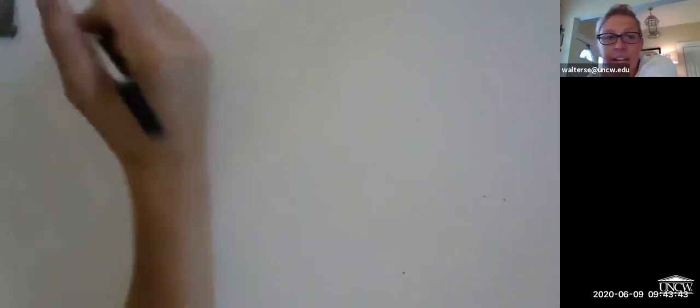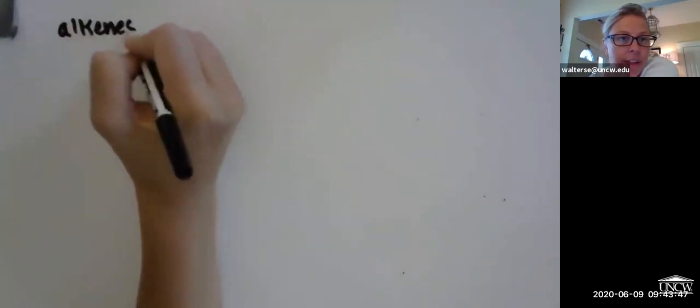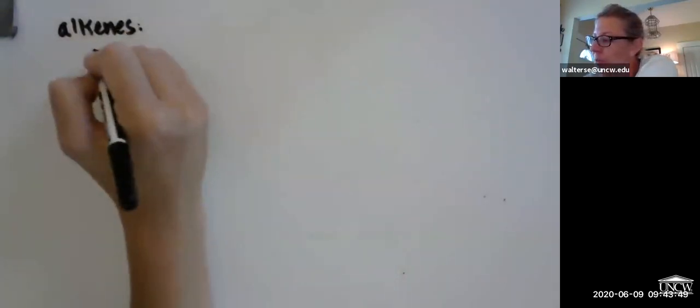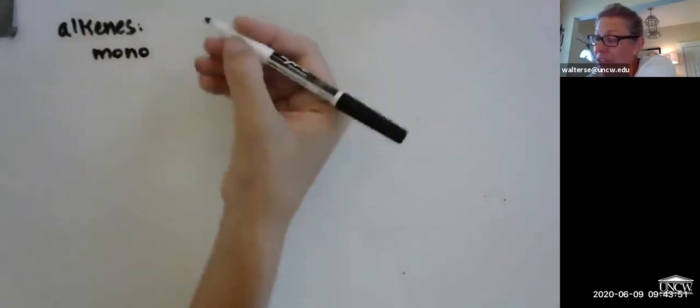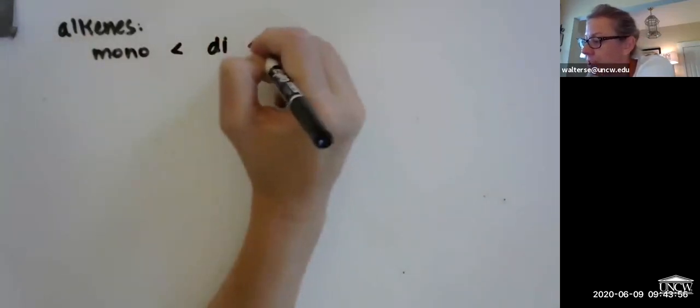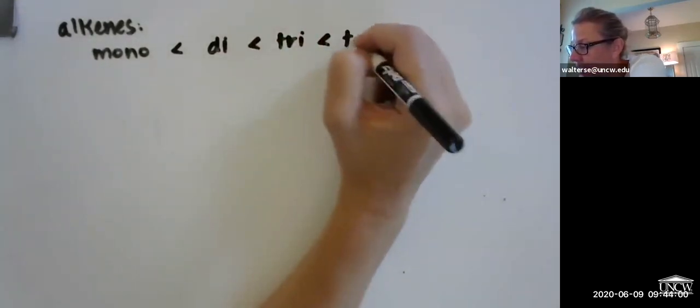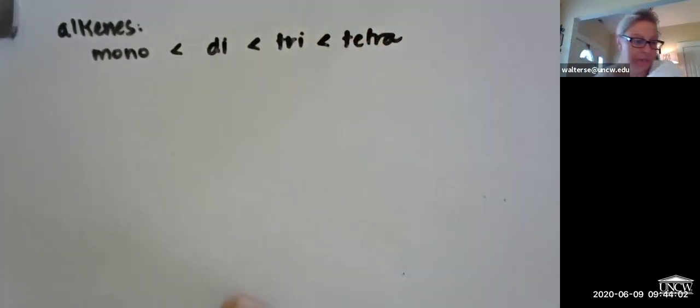So we've already said that in terms of alkenes, monosubstituted is less stable than disubstituted, which is less stable than trisubstituted, which is less stable than tetrasubstituted.